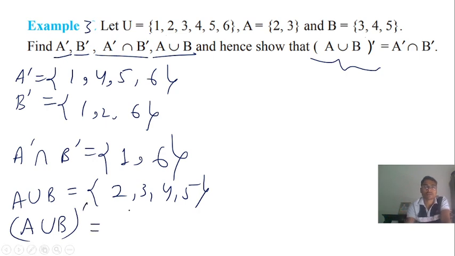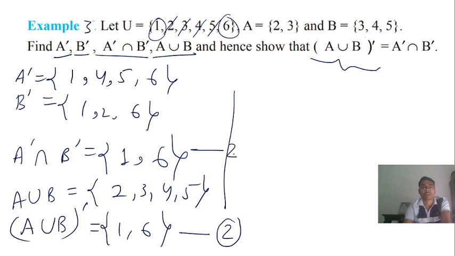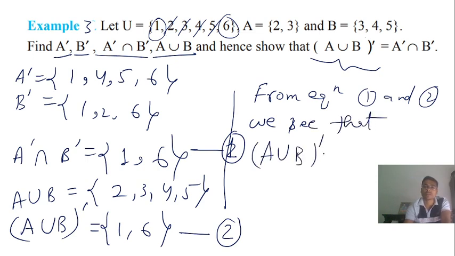This means the set A union B has to be removed from the universal set. We have to remove 2 3 4 5, so what is left in the universal set is just 1 and 6. From equations 1 and 2, we can easily see that A union B whole complement is equal to A complement intersection B complement.